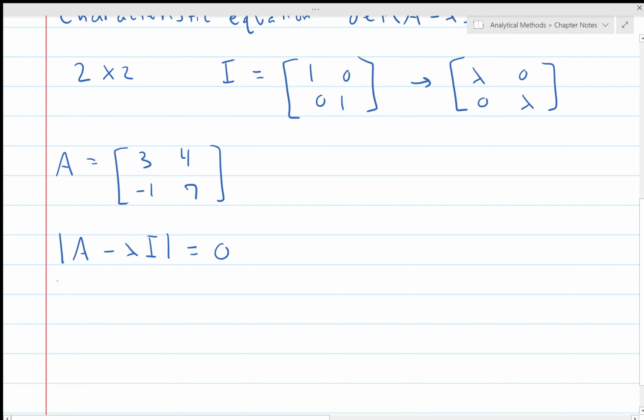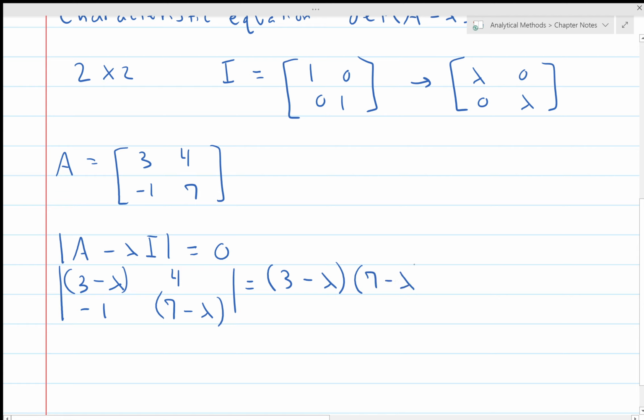So I'm going to plug in our matrix here: 3 minus lambda, 4, -1, and 7 minus lambda. Let's have those in parentheses. So this needs to equal 0. To get our determinant, it's 3 minus lambda multiplied by 7 minus lambda, and then minus 4 times -1 is going to be equal to 0.